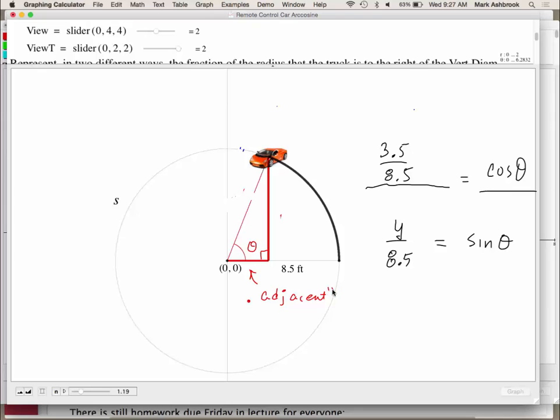And this leg over here is across from theta, so we call it opposite. And in the triangle, that is called hypotenuse.